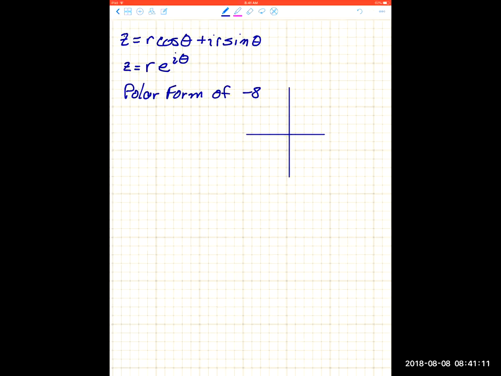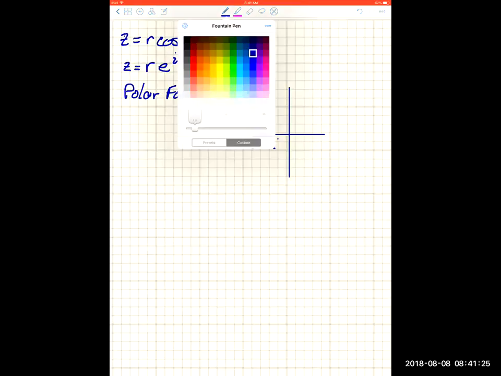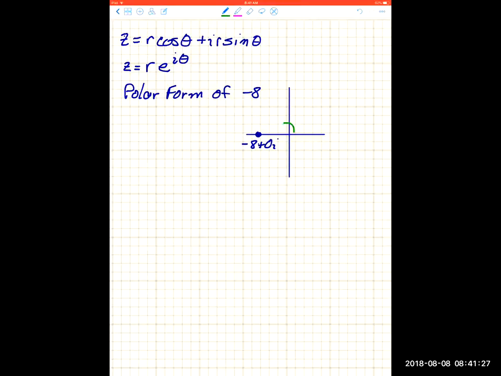It's got a real part of -8 and a complex part of 0, so it would be right here. -8 plus 0i. So that's at the angle pi, and the radius of the circle on which that point would lie will be 8. Okay?